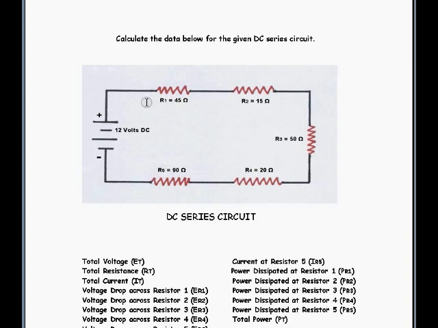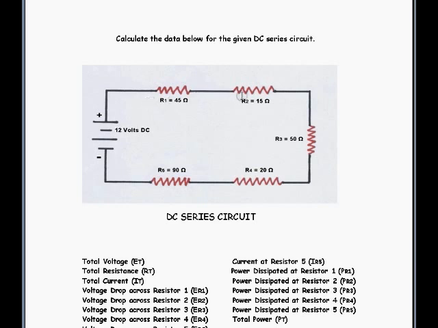So here we have the rules for resistors added in series: the total is cumulative, so 45 plus 15 plus 50 plus 20 plus 90 would equal the total resistance of this given circuit. Ohm's law is E, or voltage, is equal to I, current, times R, resistance, in ohms.